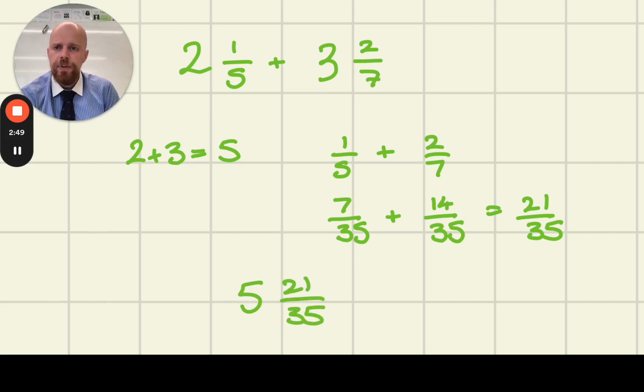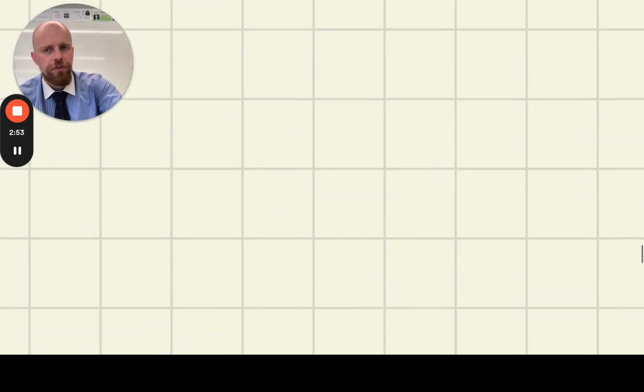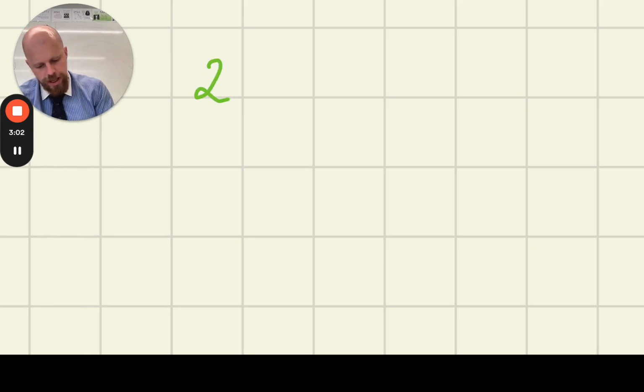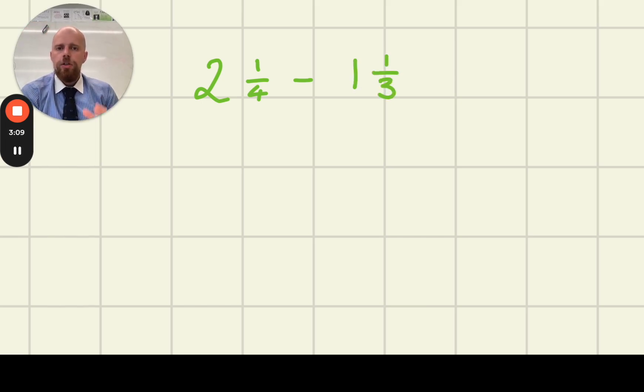21/35. Now, the only time where you need to be slightly careful is when the first fraction is smaller than the second fraction and you are subtracting. Let's have an example. Let's say we do 2 and 1/4 minus 1 and 1/3. 2 minus 1, we'll do the whole numbers first, it's just 1.